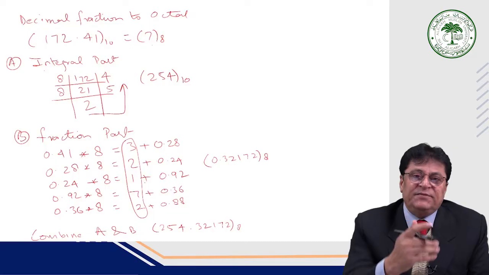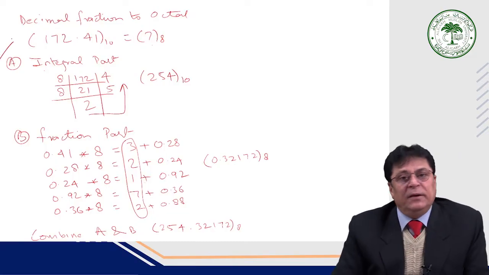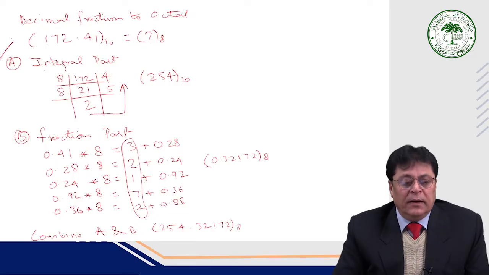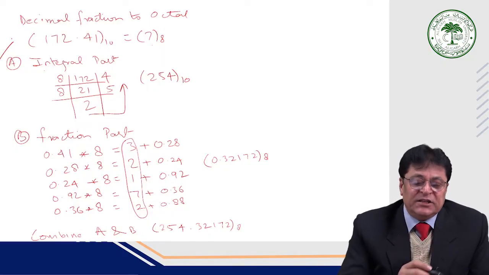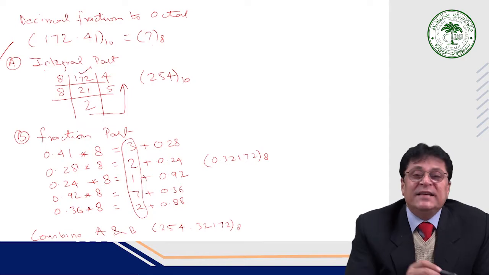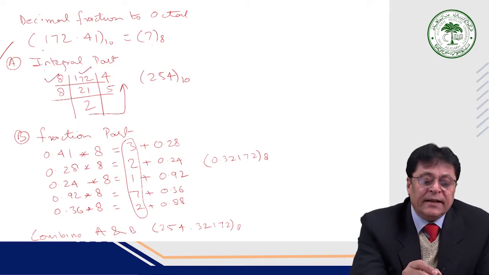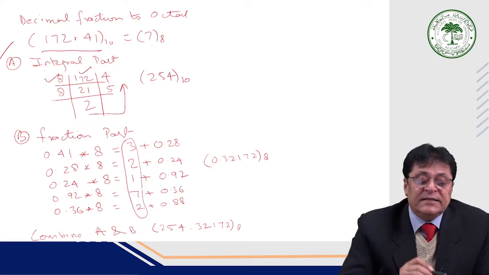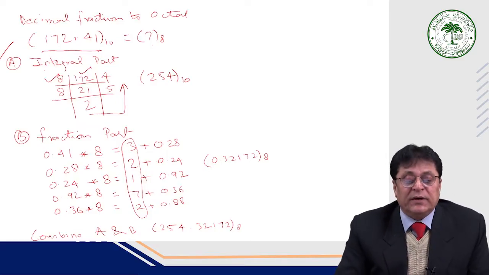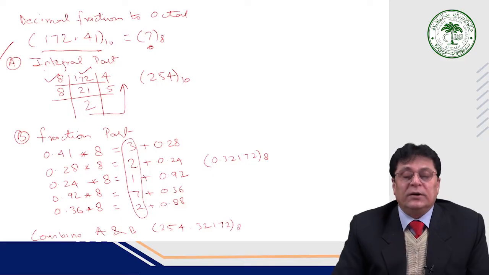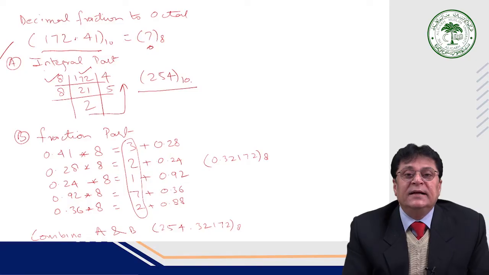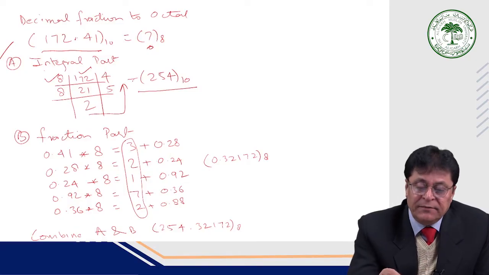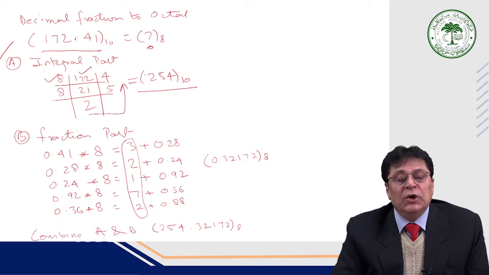We just discussed how the integral part is converted from decimal to octal. We will divide the decimal number 172 by octal base 8. This is our number, 172.41, and we have to convert it into an octal number. By simplifying this, we get 254, which is equivalent to 172, the integral part of the decimal fraction.